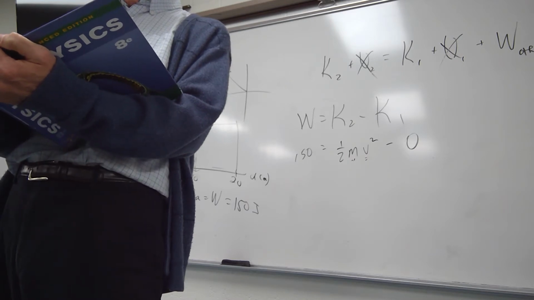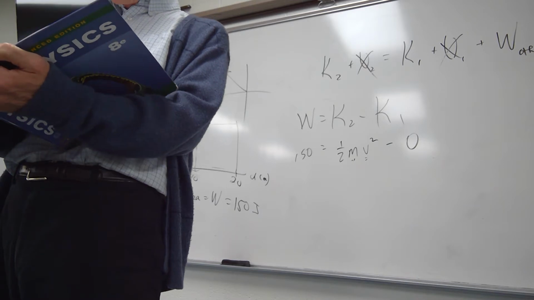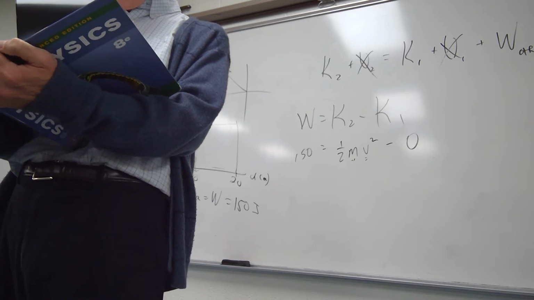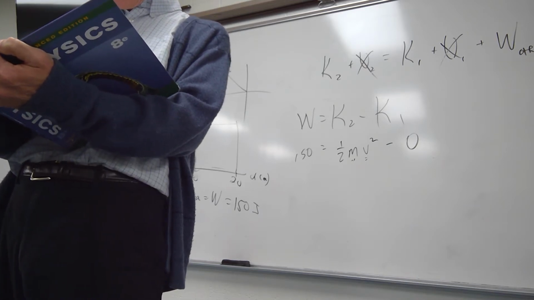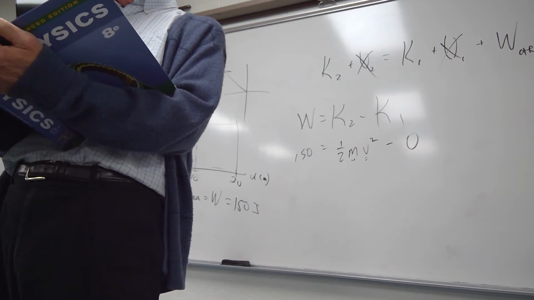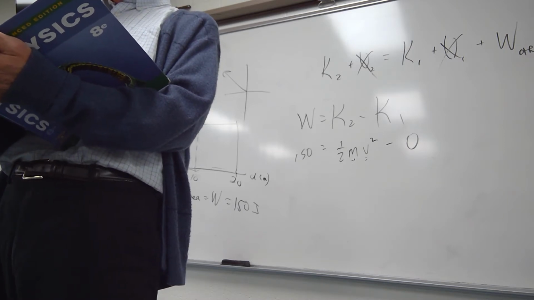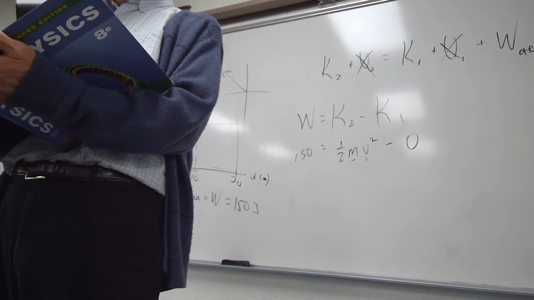Number 8. E says the work done by F1 is positive and the work done by F2 is negative. That is possible if the work done by F1 is greater than the work done by F2, then the net work will still be positive.